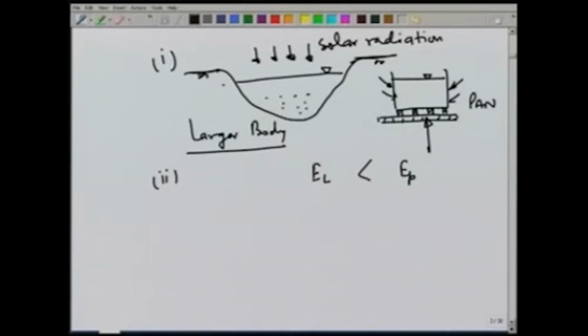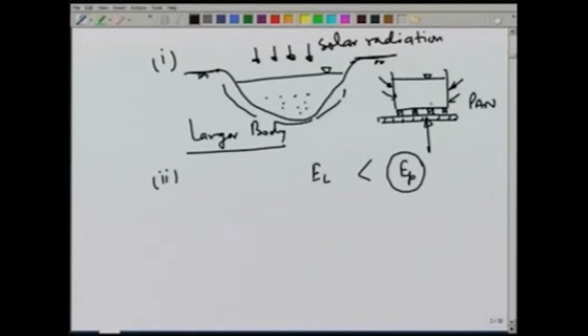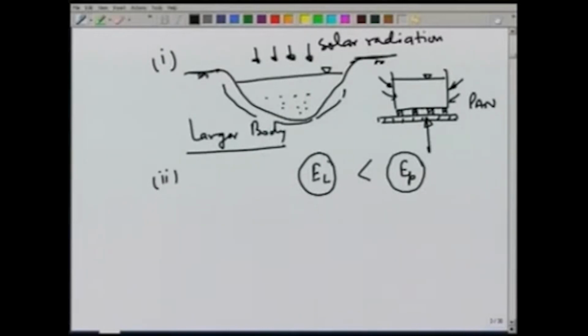In the lake, from the sides and the bottom, there is hardly any solar radiation coming in. Most of the radiation is coming from the surface. Therefore, again, since more radiation is available in the pan, more heat energy will be available, EP will again be greater than EL. So, the sides and bottom will get some solar radiation, and because of that the heat energy available will be larger.